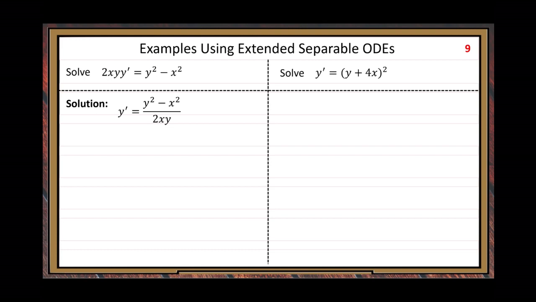Now tell me, what property can you see based on the degree? Numerator and denominator have the same degree, right? Degree all 2. That's the property.